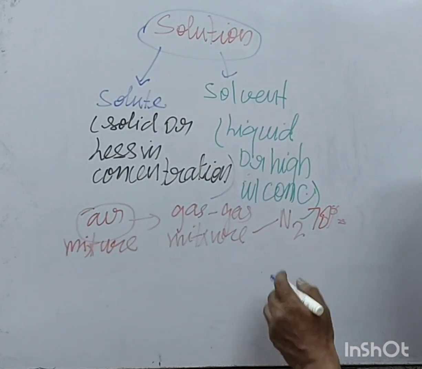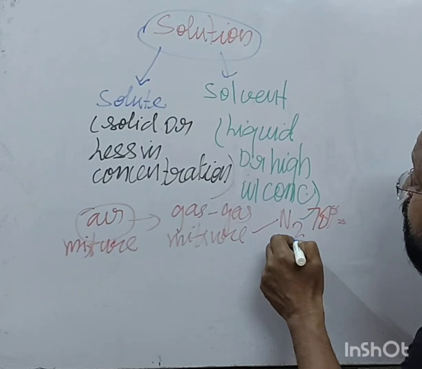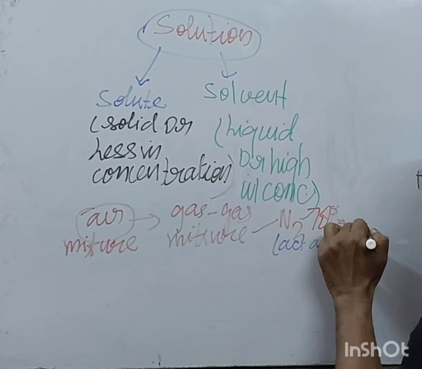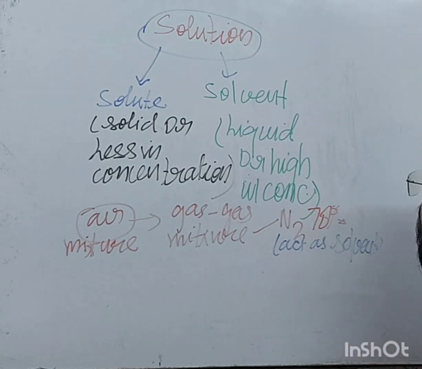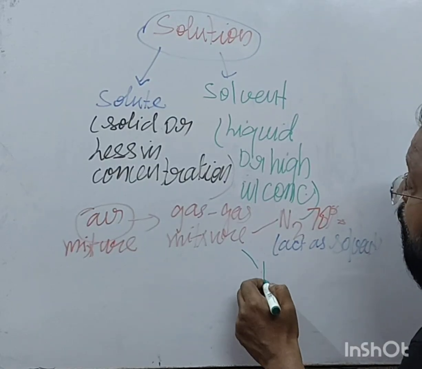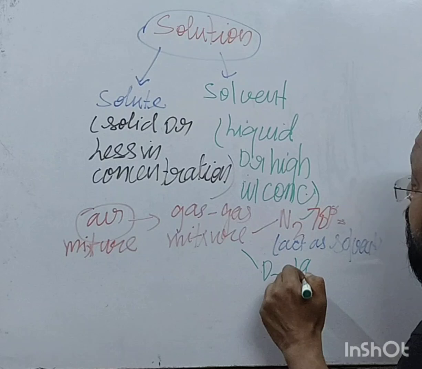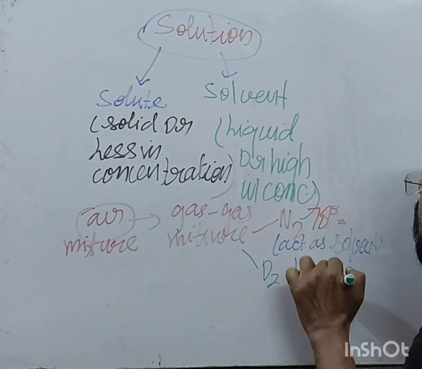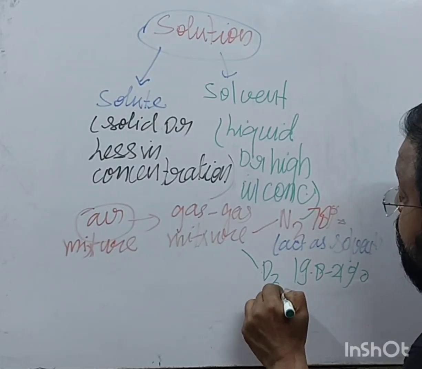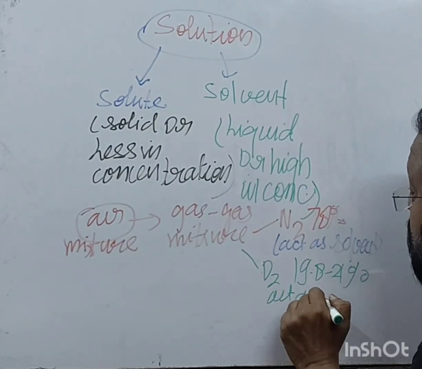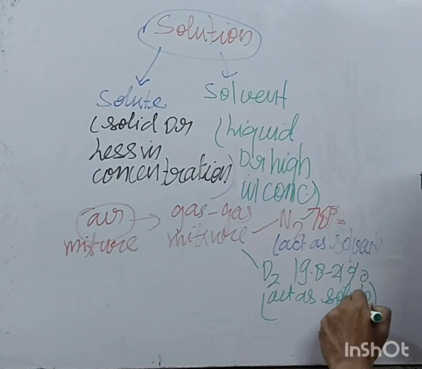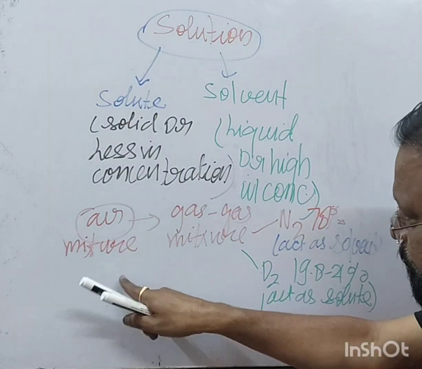When nitrogen is 78%, it acts as a solvent because the concentration is high, right? And oxygen is 19.8 to 21%, so it acts as a solute. Air is a gas mixture.